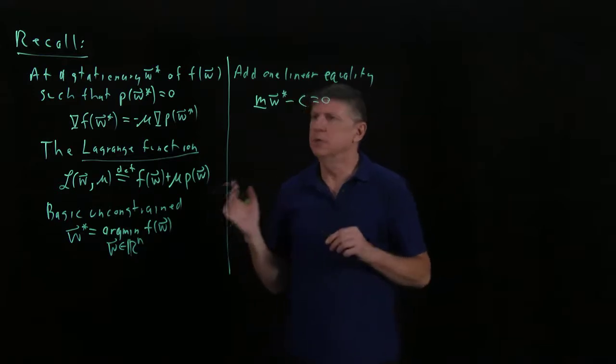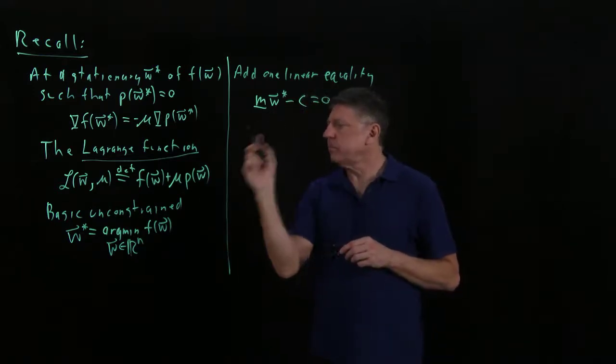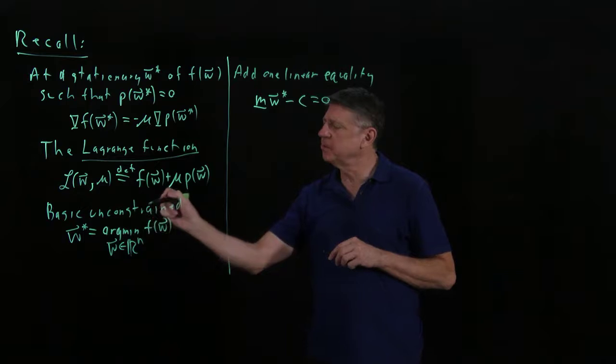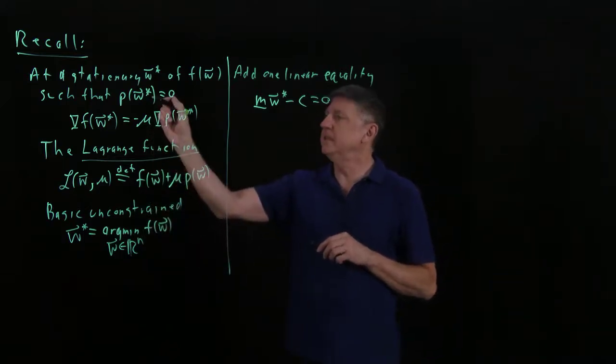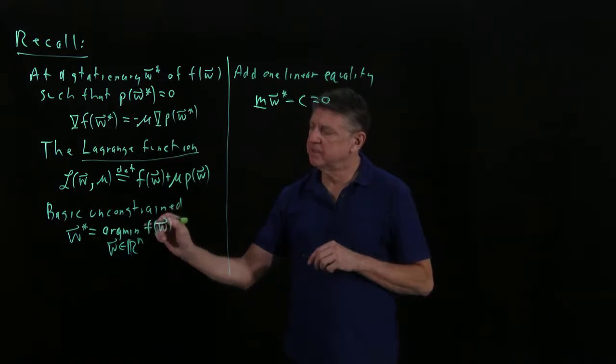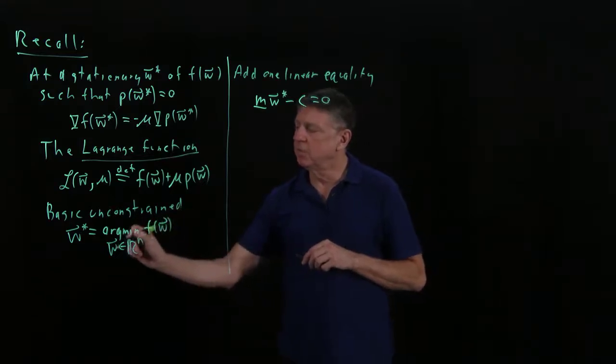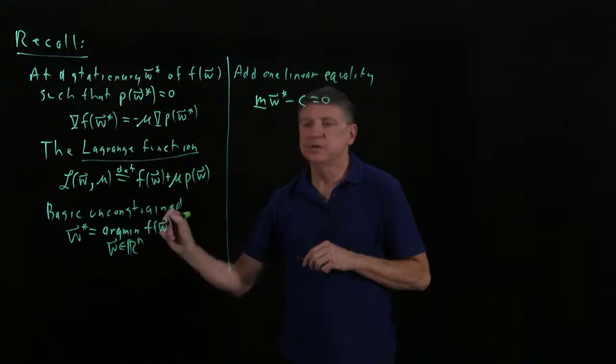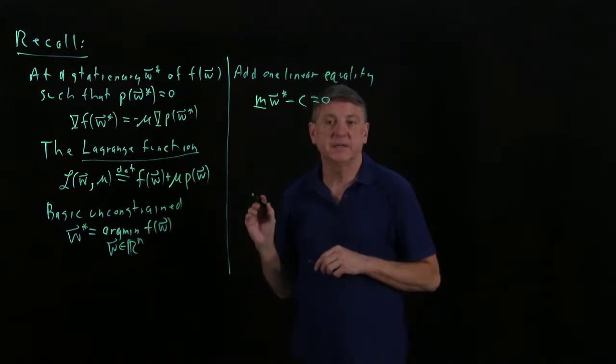What we could do is say, well, because we want to find the minimum with this condition, couldn't we just restrict this search to be over the vectors that already satisfy this condition?